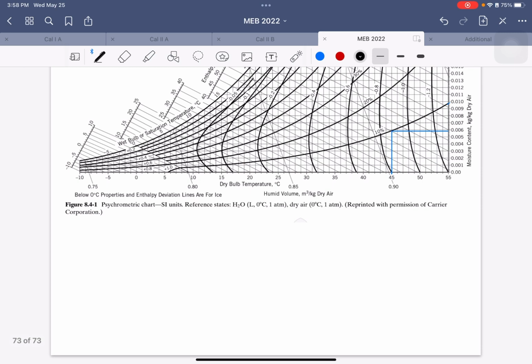From the chart we get the absolute humidity is 0.0059, because it's a little bit below the 6. So kilogram H2O over kilogram of dry air.